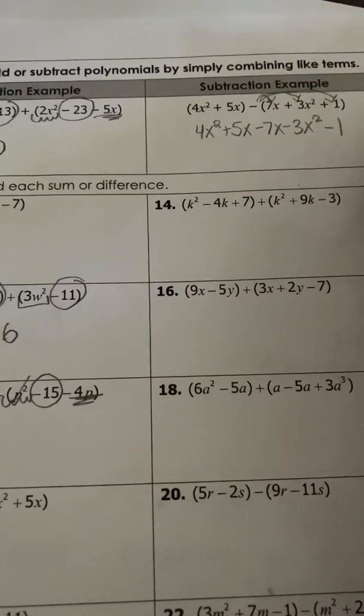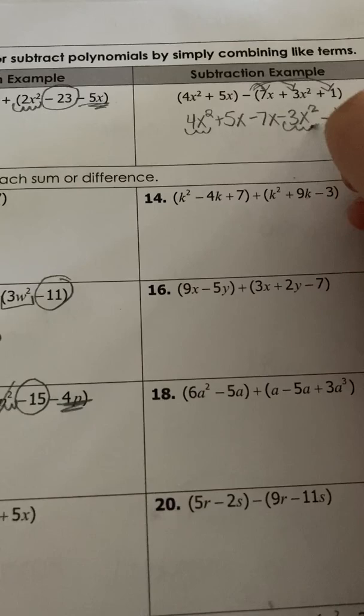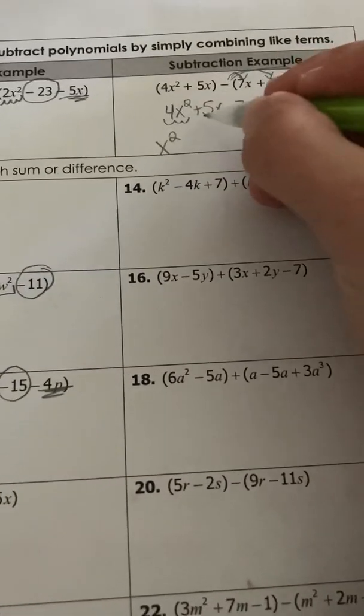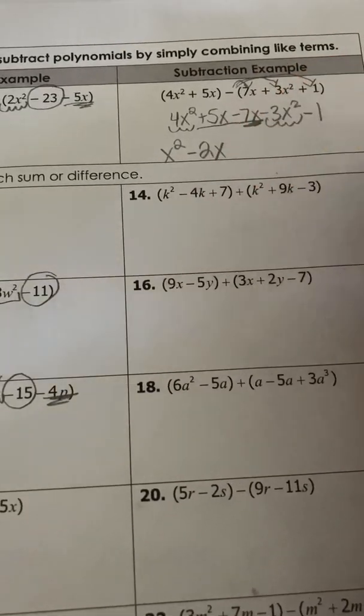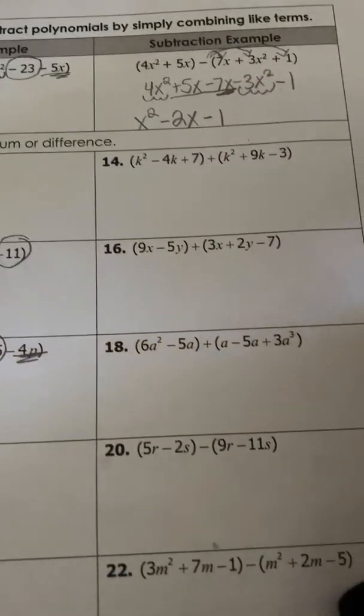And now we can go and combine like terms. So 4x squared minus 3x squared will be 1x squared. 5x minus 7x is -2x. And then we have a -1 at the end for a constant.